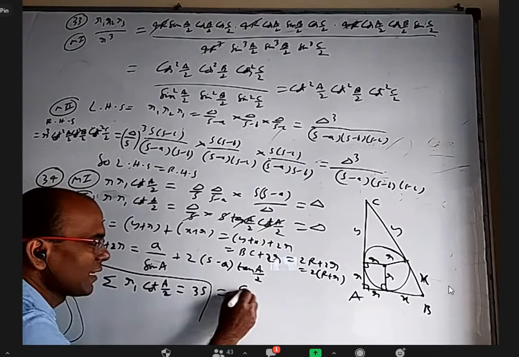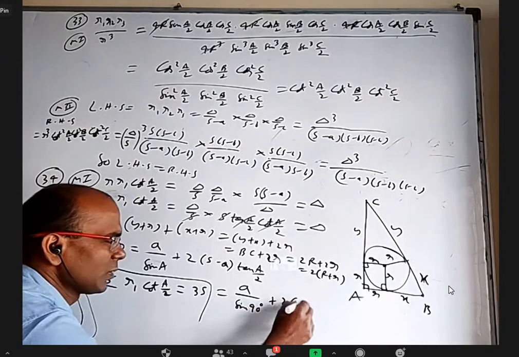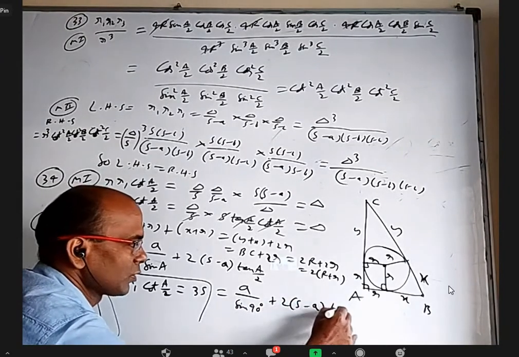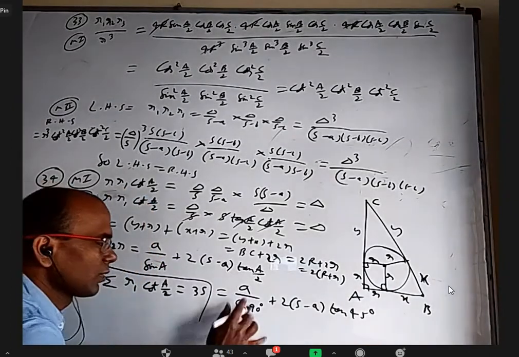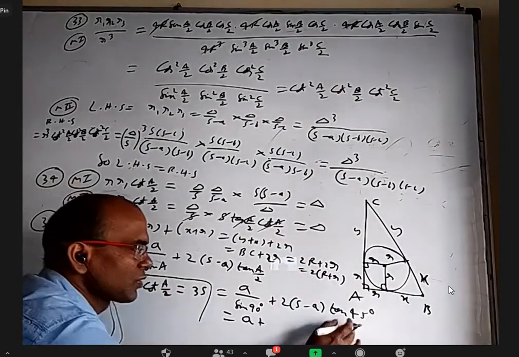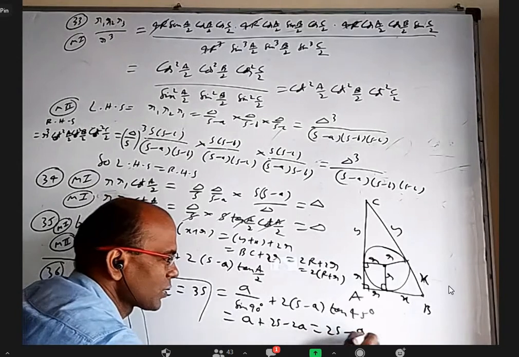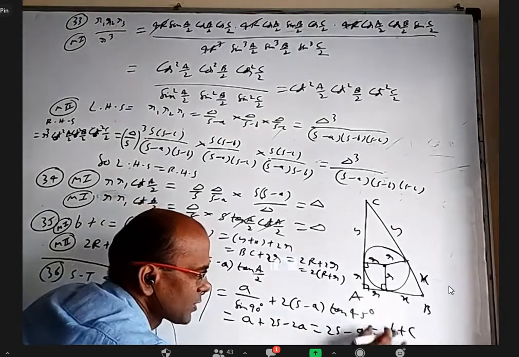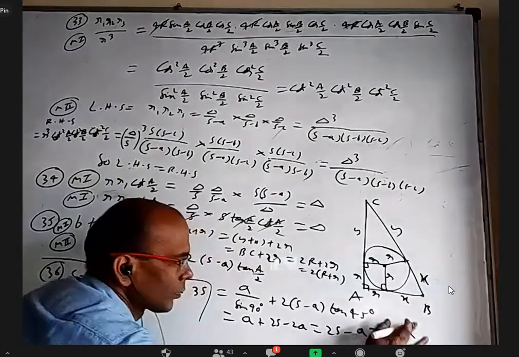Okay, but angle A is 90. So this will be a by sine 90 degrees, and this will be 2 into s minus a into tan 45 degrees. Sine 90 is 1, so it will become a itself, or you can directly say hypotenuse. Tan 45 is 1, so I'll get 2s minus 2a, which is 2 into s minus a, and which is b plus c.